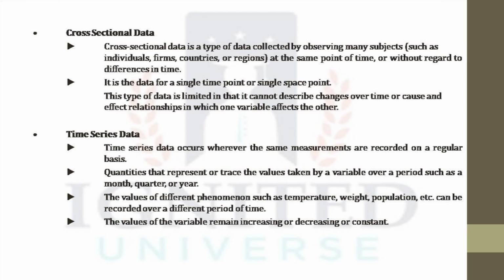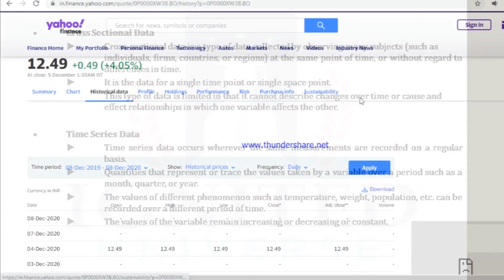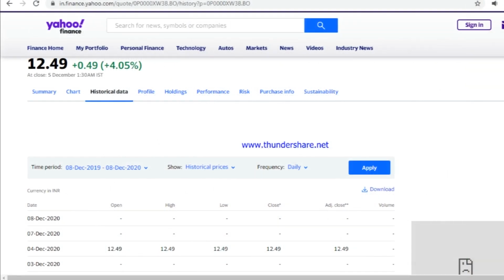In this, the values of different phenomena such as temperature, weight, population, etc. can be recorded over different periods of time. The values of the variable may keep increasing or decreasing, or there may not be a pattern in the time series data.